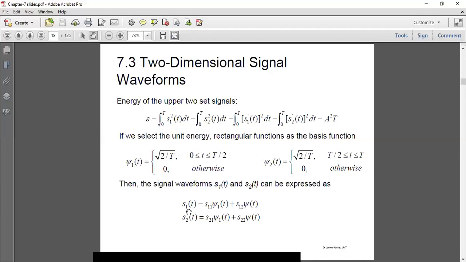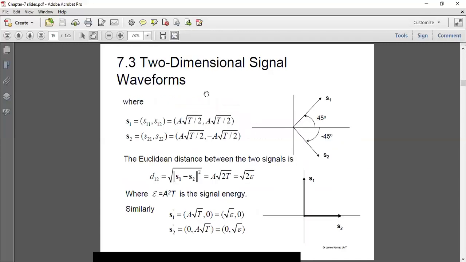As you can see, S1(t) is S11 phi1(t) plus S12 phi2(t). Similarly, S2(t) is S21 phi1(t) plus S22 phi2(t). So it is a linear combination of signals.